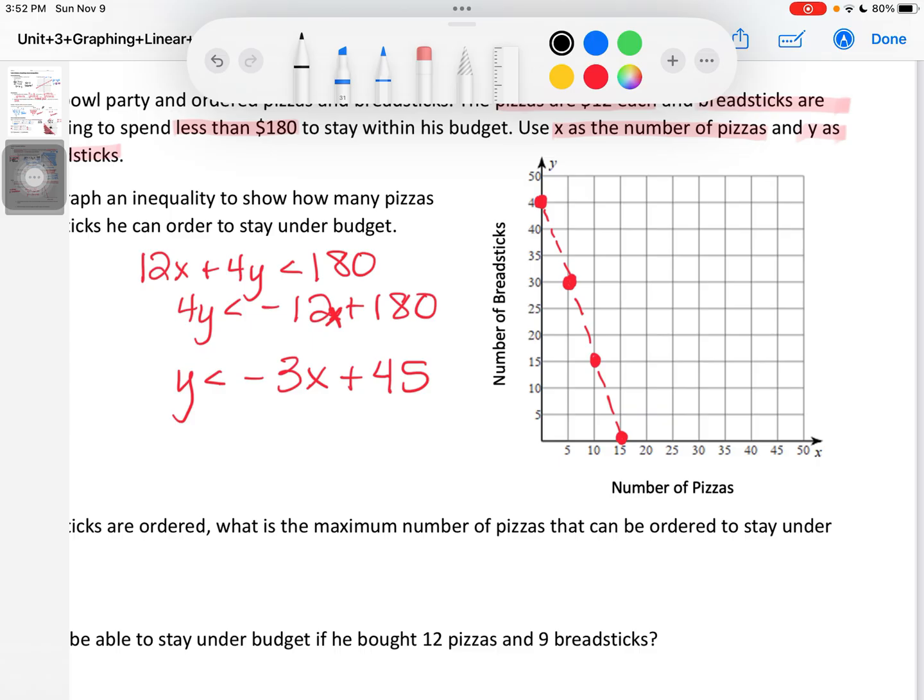Let's figure out where it's shaded. I'm going to use my 0, 0 again. 0 is less than 0 plus 45, which means 0 is less than 45. Since that's true, we want to shade where the 0 is, which would be below this line.